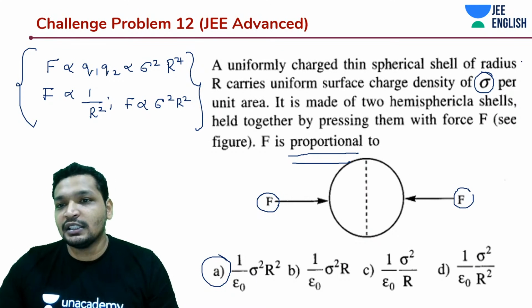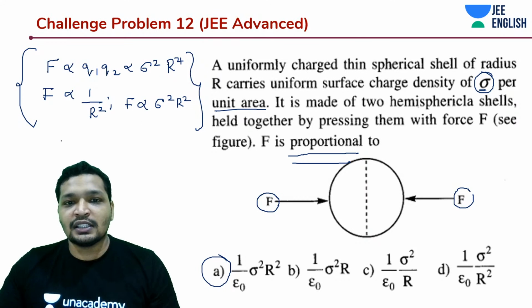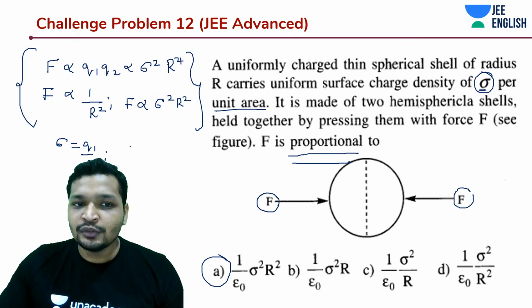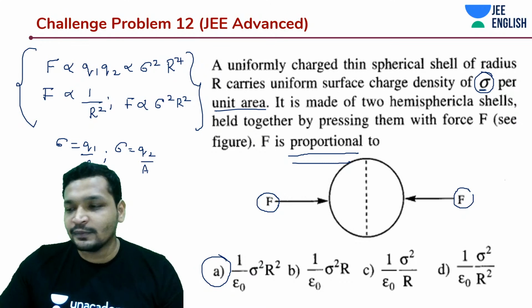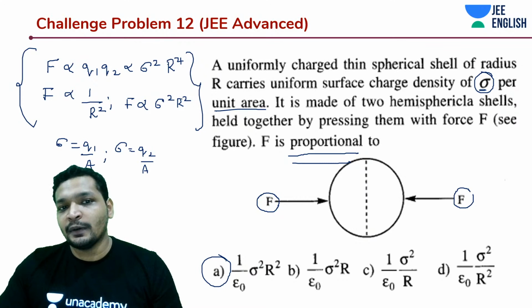This is charge density per unit area. What is charge density per unit area? Q1 by A. And what is your Q2? Sigma is also Q2 by A. Hence you have that A square, R to the power 4.